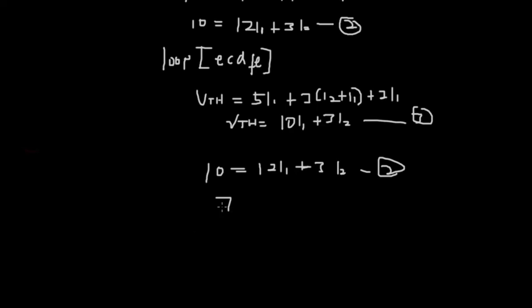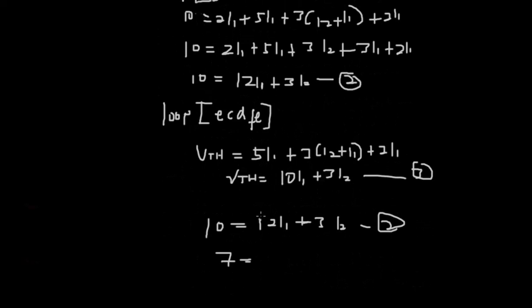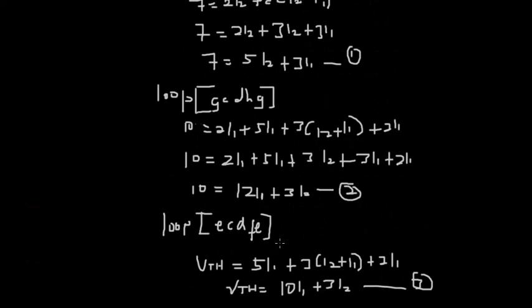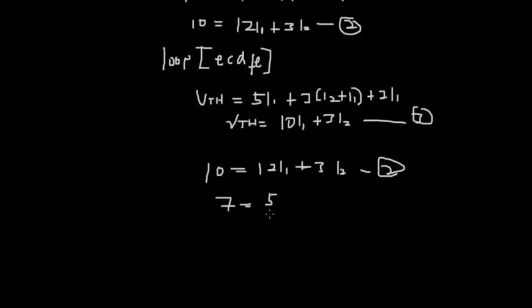And then we have 7 equals 5 I2 and 3 I1. So let's rearrange it in that order so that they will match. Let's bring our 3 I1 over here: 3 I1 plus 5 I2. So that's our equation 1.